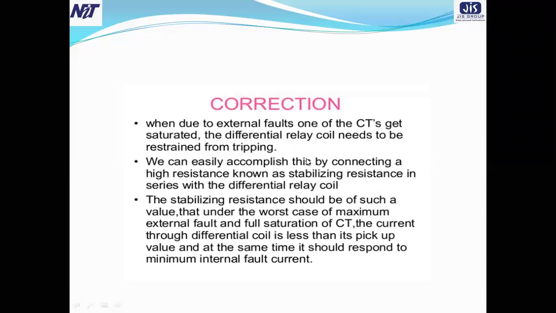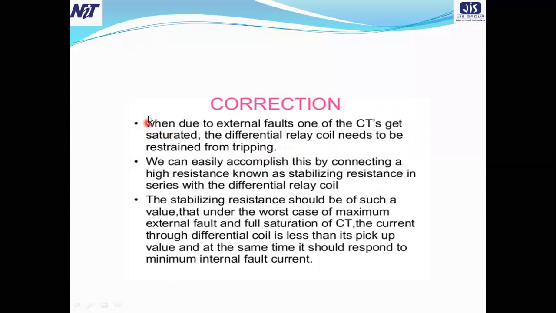Now the correction method: how can we overcome this problem? Due to an external fault, one of the CTs gets saturated. So when due to external faults one of the current transformers gets saturated, the differential relay coil needs to be restrained from tripping.